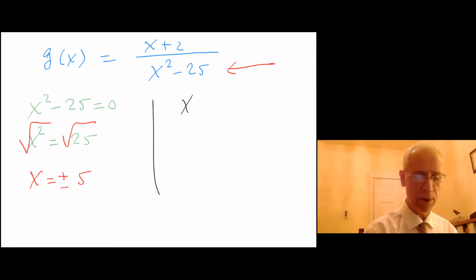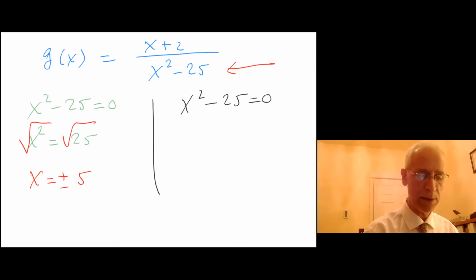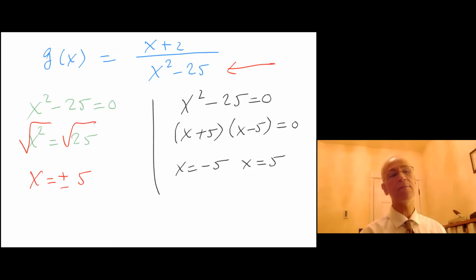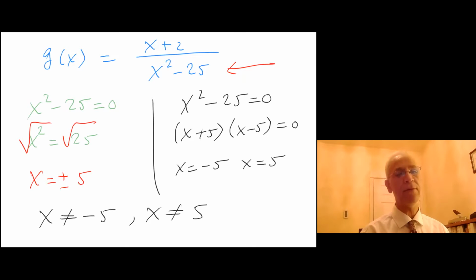This is difference of 2 squares. So x plus 5, x minus 5 equals 0. So x equals -5 and x equals +5. As you can see, I got the same answer. And so we can say the excluded values: x cannot be -5 and x cannot be +5 for the domain of this rational function.